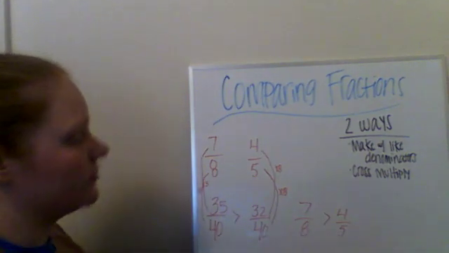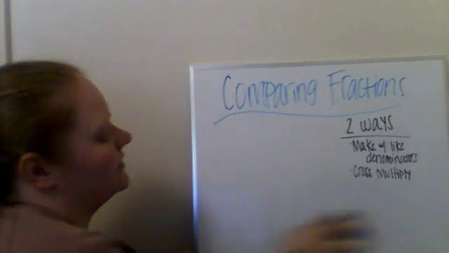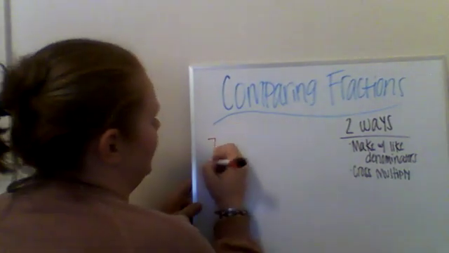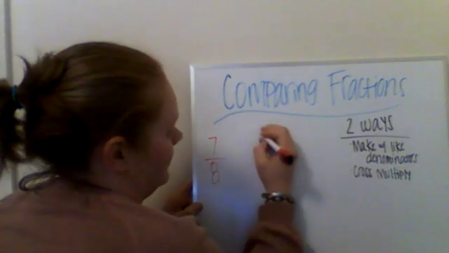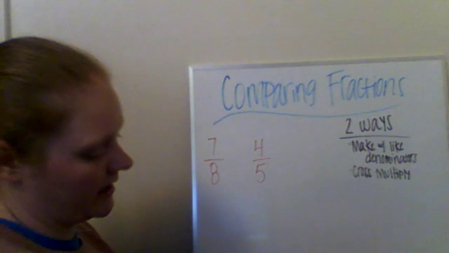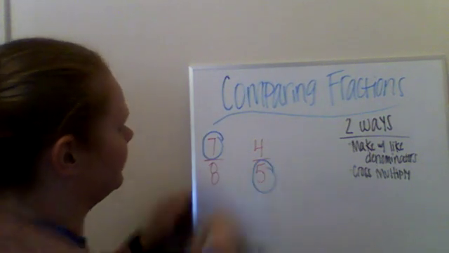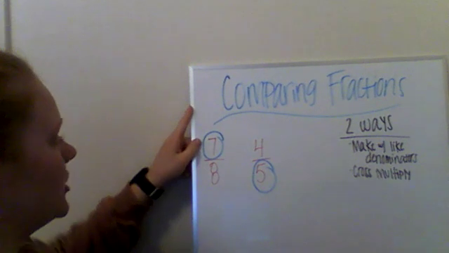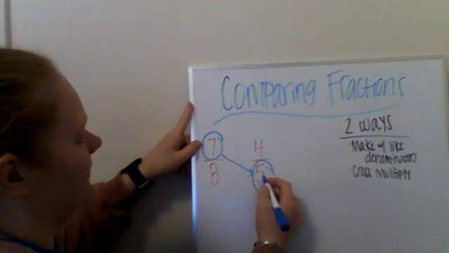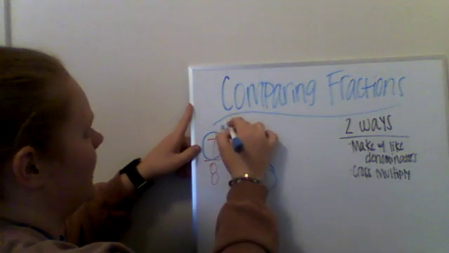Okay, let's look at the shortcut, or the cross multiplication, to do the shortcut to this. So if I put my problem back up here, 7/8 and 4/5, I'm going to be cross multiplying. So I'm going to be looking at the 7 and the 5, because I'm taking the numerator of one fraction and multiplying it with the denominator of my second fraction. 7 times 5 is 35.